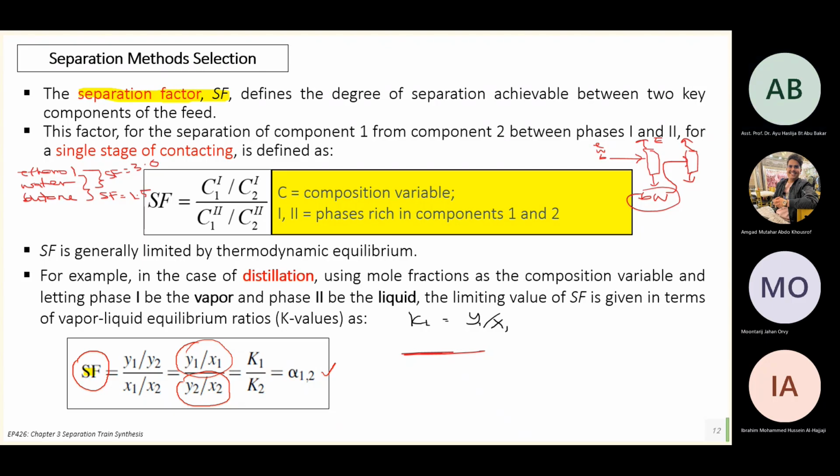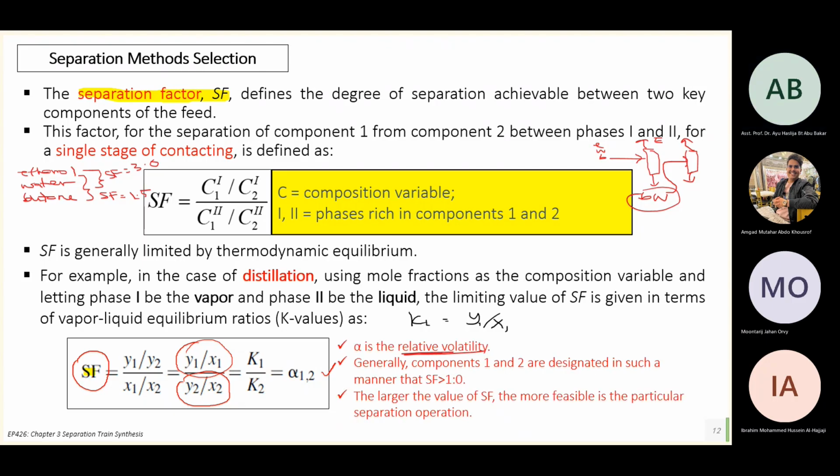The larger the value of SF, the more feasible the separation operation. SF is equivalent to the relative volatility.